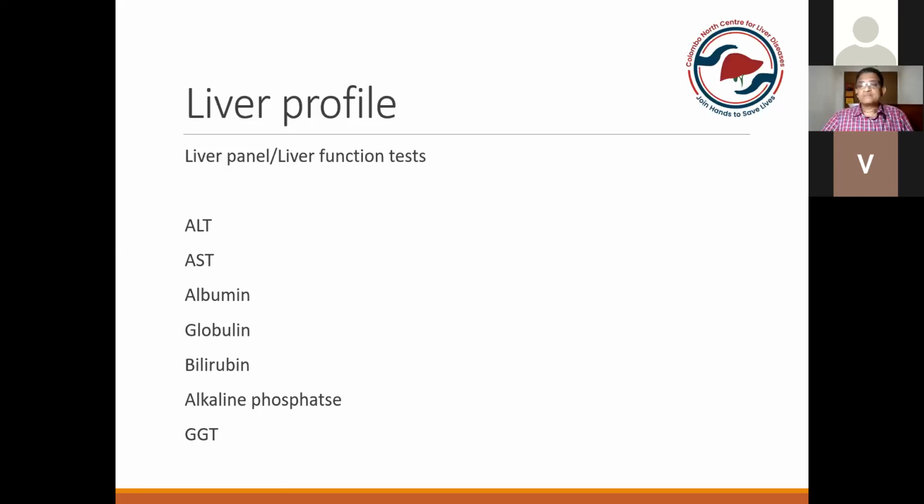I think it's a more preferred term than liver profile or liver function test. It consists of ALT or SGPT, AST or SGOT, then serum albumin, globulin, then serum bilirubin, then alkaline phosphatase, and gamma glutamyl transferase.